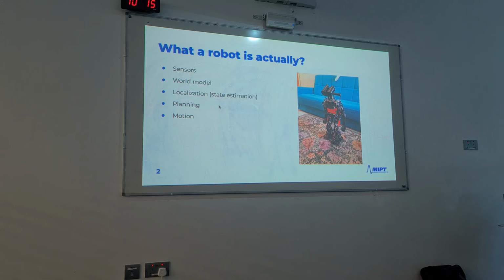The following part is the localization or the state estimation in a more general sense. It is the process of solving an inverse problem of finding where should I be in the state space so that I can observe all the phenomena the way I do.